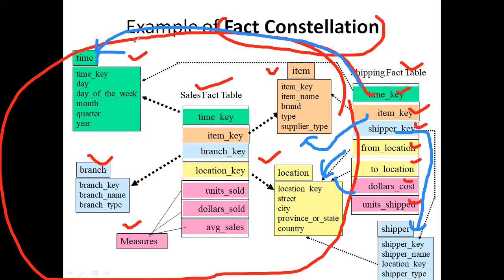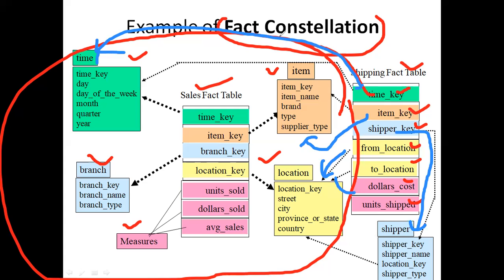But when you look at this, it means that in the fact constellation schema, we try to relate the different dimensions with the other dimensions of that particular star schema, right? The origin is the star schema, but we try to relate the different dimension tables with the others.